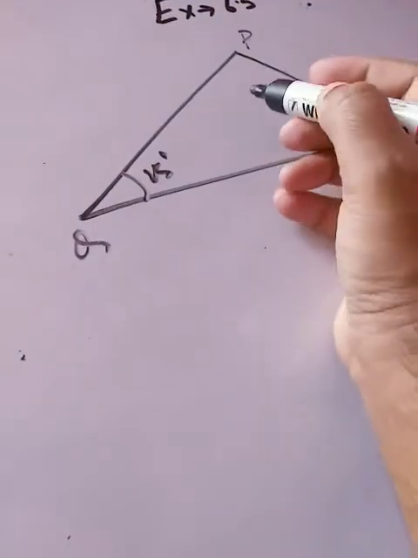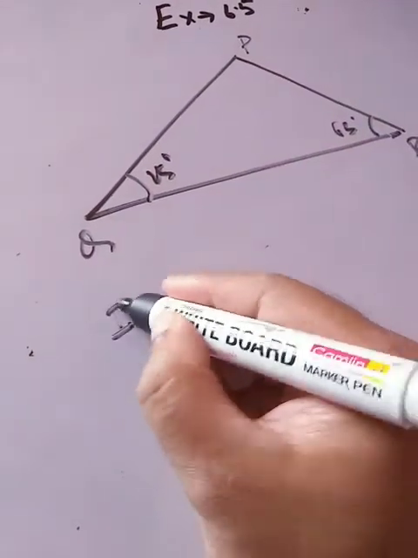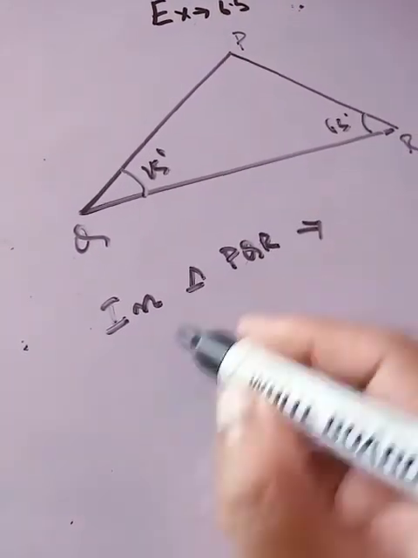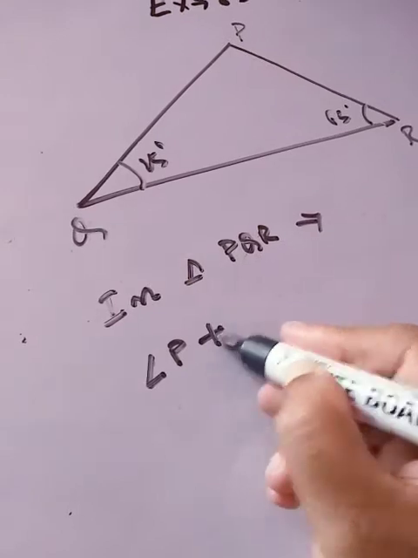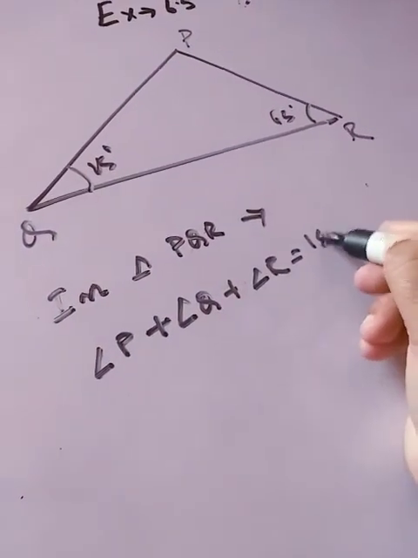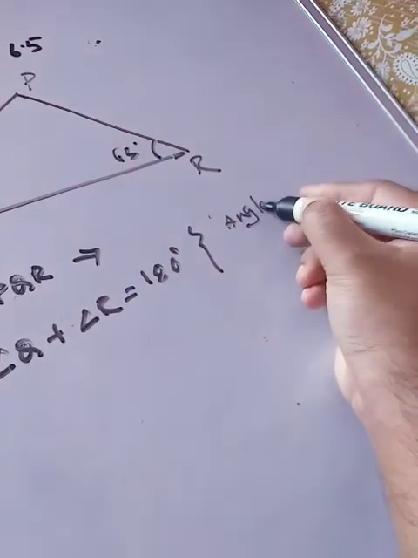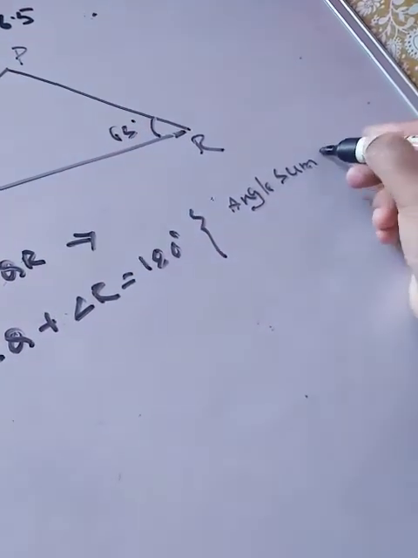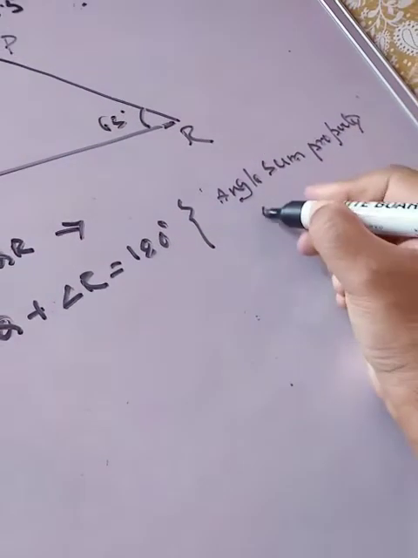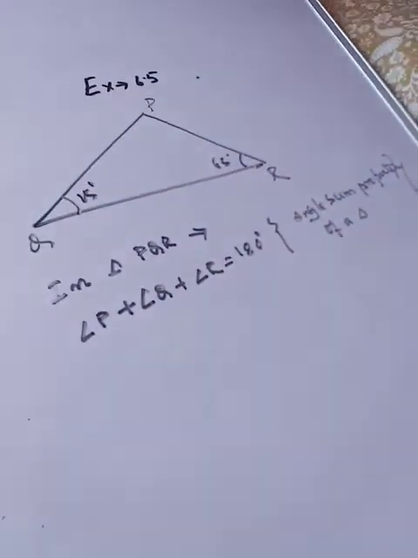First of all we'll get the value of angle P. In triangle PQR, angle P plus angle Q plus angle R equals 180 degree. Why? This is the angle sum property of a triangle. You should always write the reason.